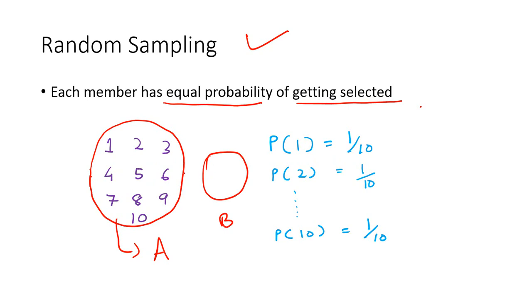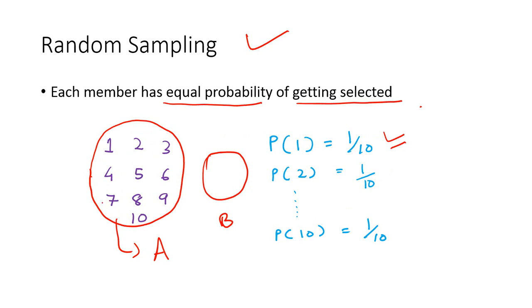Now the probability that customer 1 will be selected is 1 by 10, because it's equally likely. There are 10 elements in this particular population, and each element is equally likely to be selected.